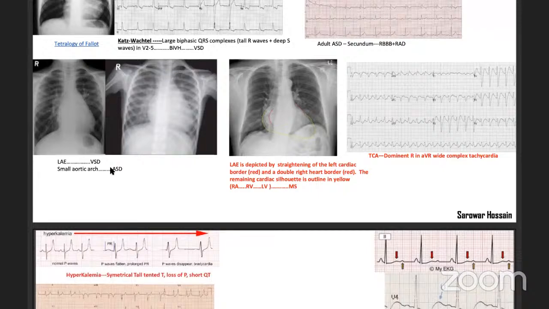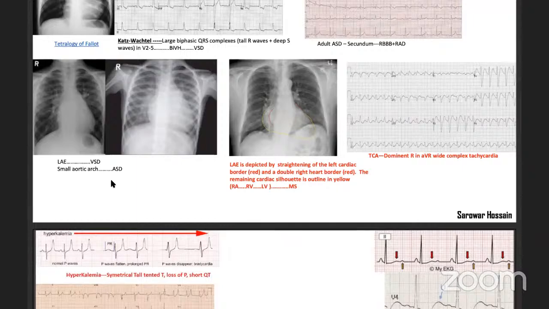Okay. Aortic arch is small, that's what they are trying to show. But they are not differentiating which one is this. Definitely some pulmonary hypertension is there.